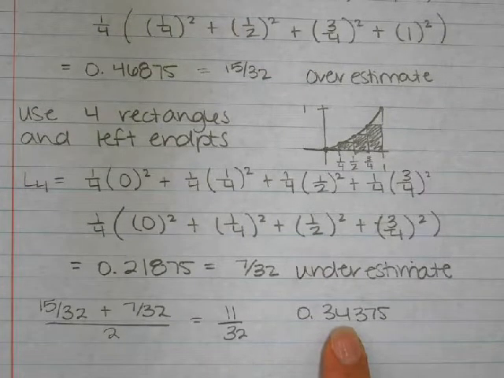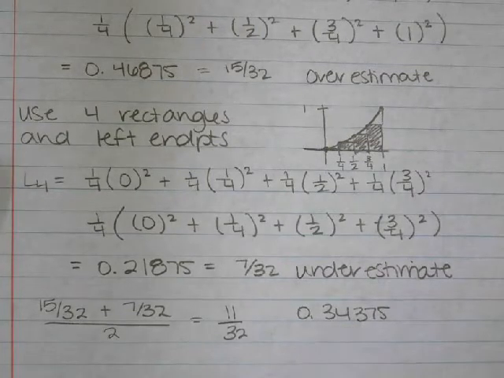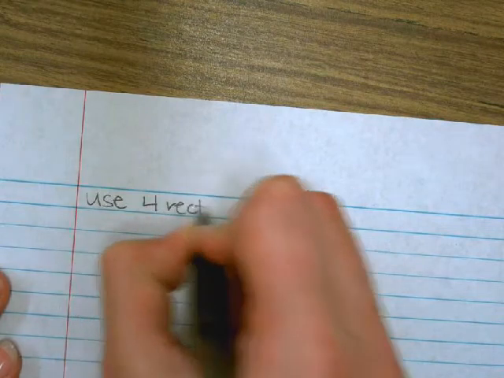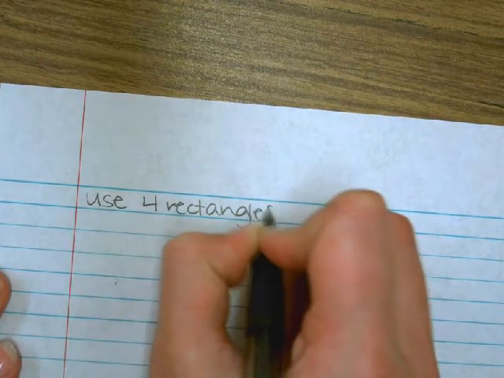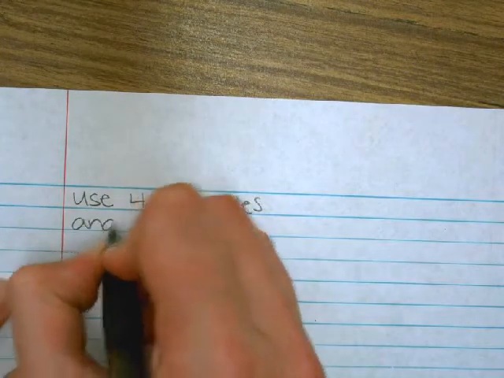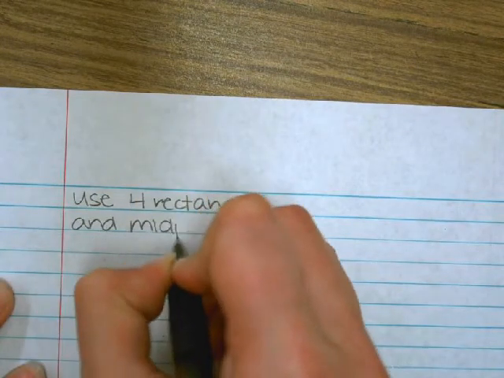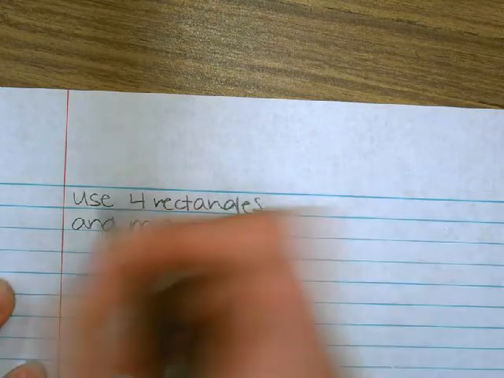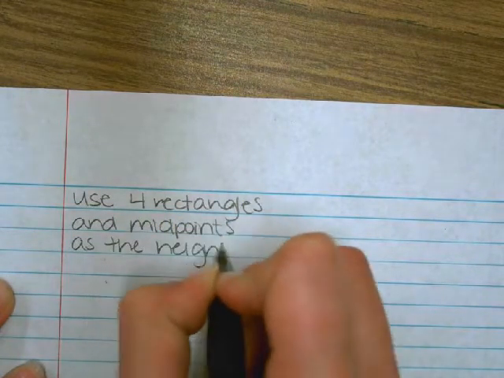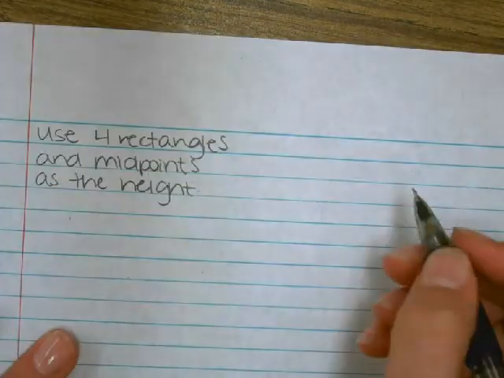So there's one more method that we can use when we're finding the area of these rectangles, and that other method is to still use 4 rectangles. And this time we're going to use the midpoints as height. So again, we're going to go ahead and draw this picture.